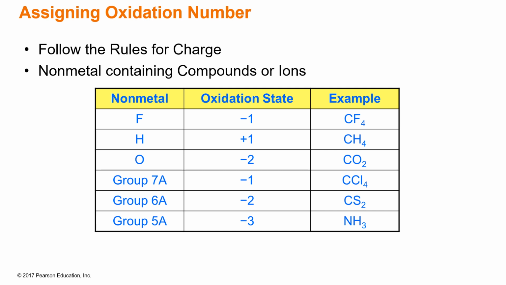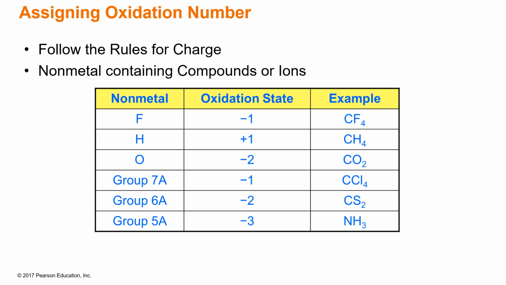If you have an ion, all of the oxidation states have to add up to equal the charge on that ion. These are theoretical rules that help us decide where the electrons are found in our compounds, and they help us keep track of those electrons as we move throughout a chemical reaction.